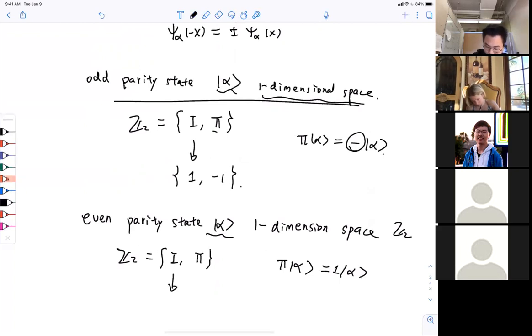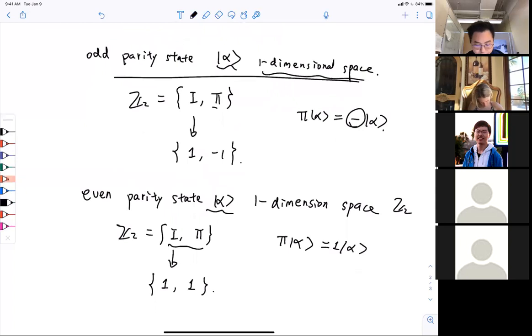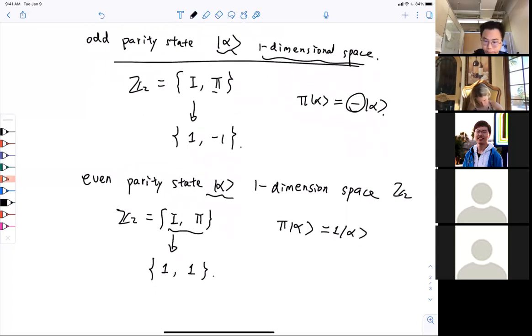So this maps to 1, 1. All the elements in the group map to identity, so it's trivial. Any question about this part?